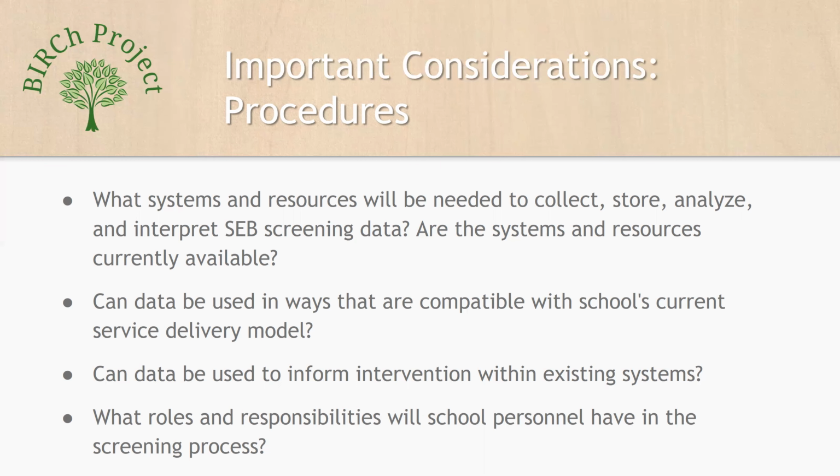If students screen as at risk on a particular screening tool, can they be connected to targeted intervention? Or can they be connected to intensive intervention? So this is an important consideration to see how your screening tool and the constructs assessed and the data that are yielded map onto the existing supports that you have in place.